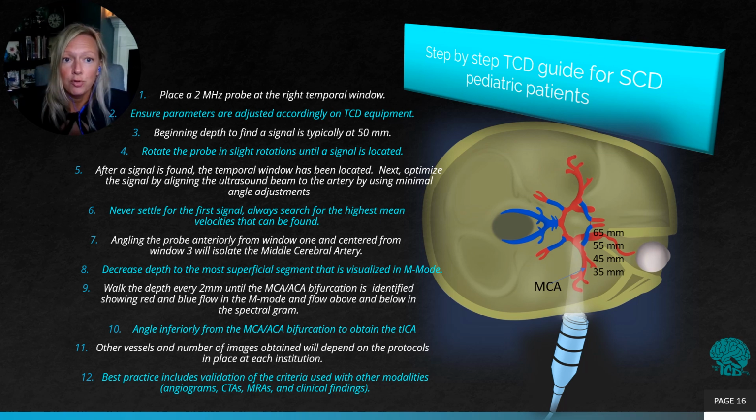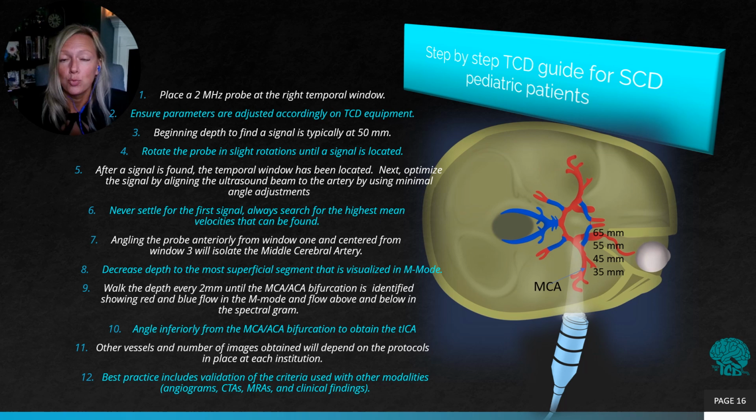You will move your probe in small circles, almost as flashlighting around, to identify that best window and the best signal through it. But ideally, you are searching for your highest mean velocity. So you're not only looking for a strong signal, you're looking for where you're going to find your highest mean velocities.